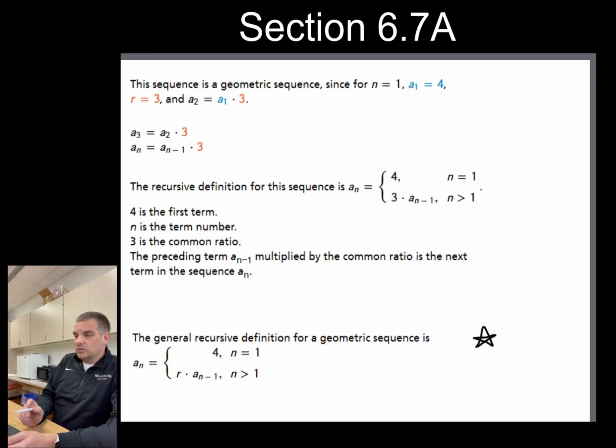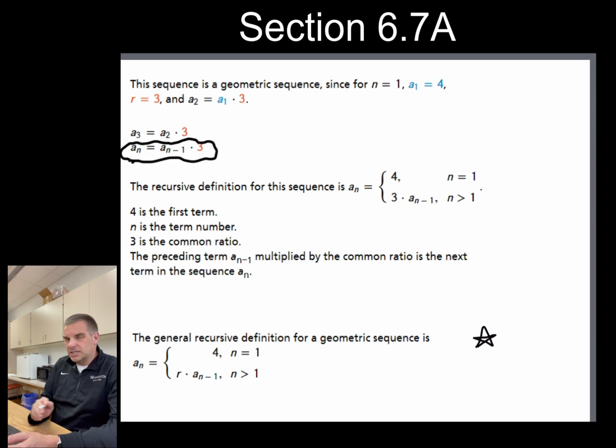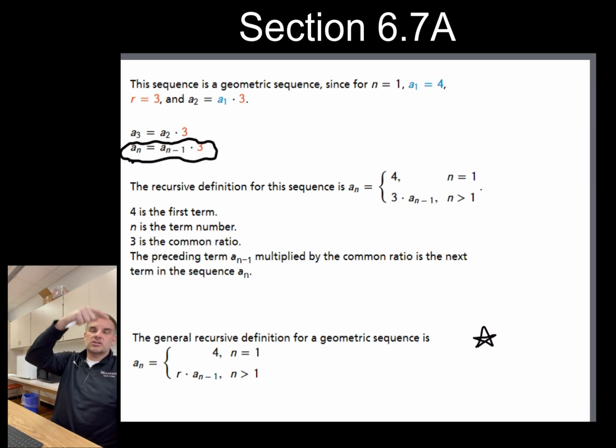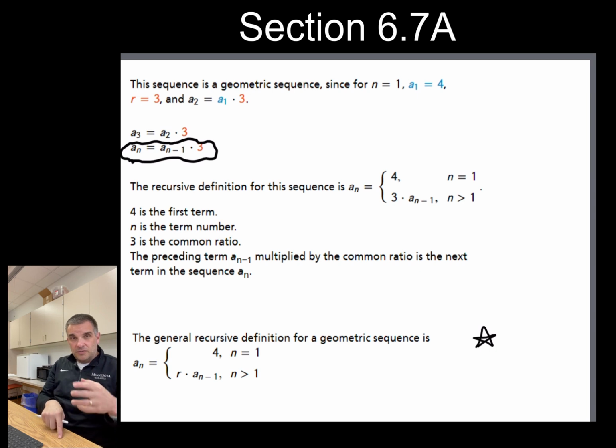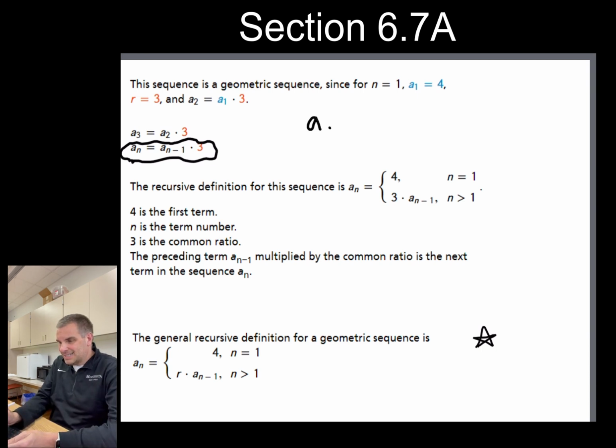So then we can say in general terms, and this is important, that the nth term in the sequence is going to equal a of n minus 1, the previous term to a of n, times 3. If I'm finding the 6th term, my n value is 6, so this is going to be the 5th term times 3.